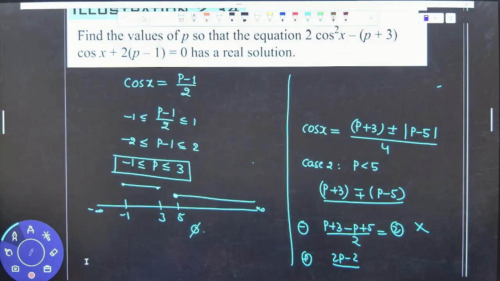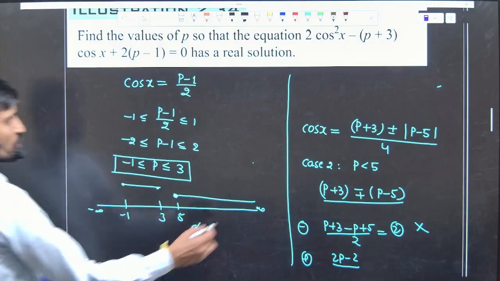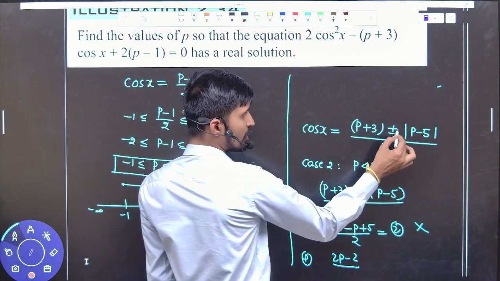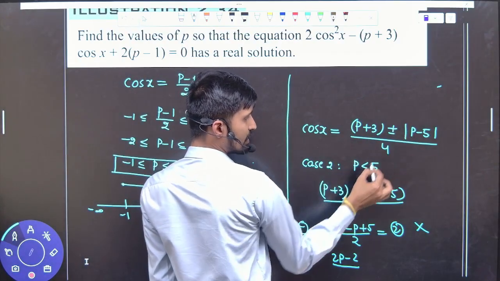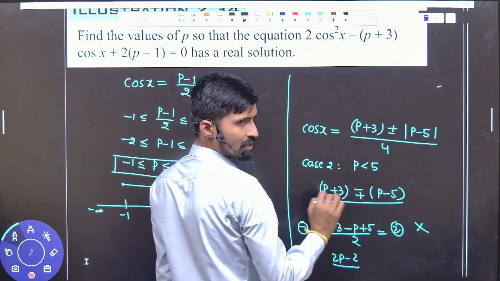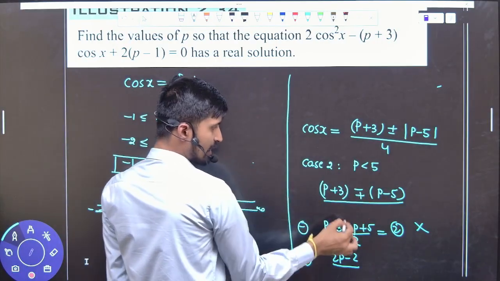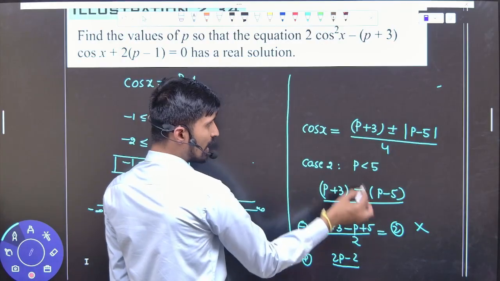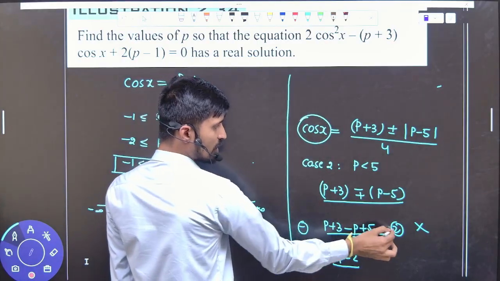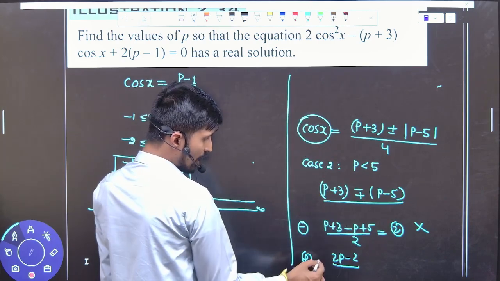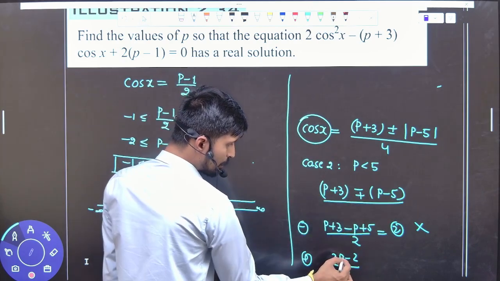So when we take case 2, this modulus will open with a negative sign. So plus minus, minus, minus, minus, plus. When we take the minus sign, we'll get this 2. And this is actually the value of cos x. So cos x value 2 is not possible. Now we'll take the plus sign, so we'll get 2p.